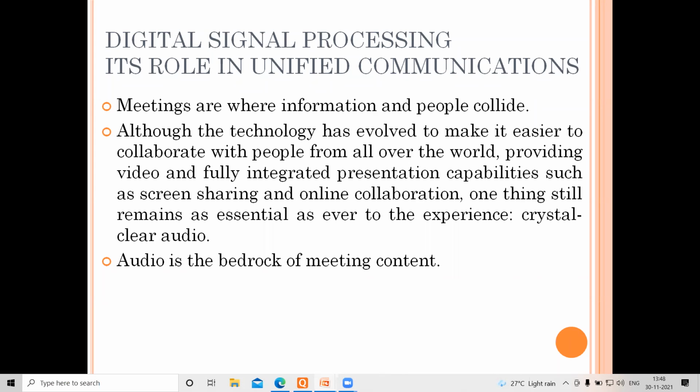Although technology has evolved to make it easier to collaborate with people from all over the world, providing video and fully digital integrated presentation capabilities such as screen sharing and online collaboration, one thing remains as essential as ever: crystal clear audio.